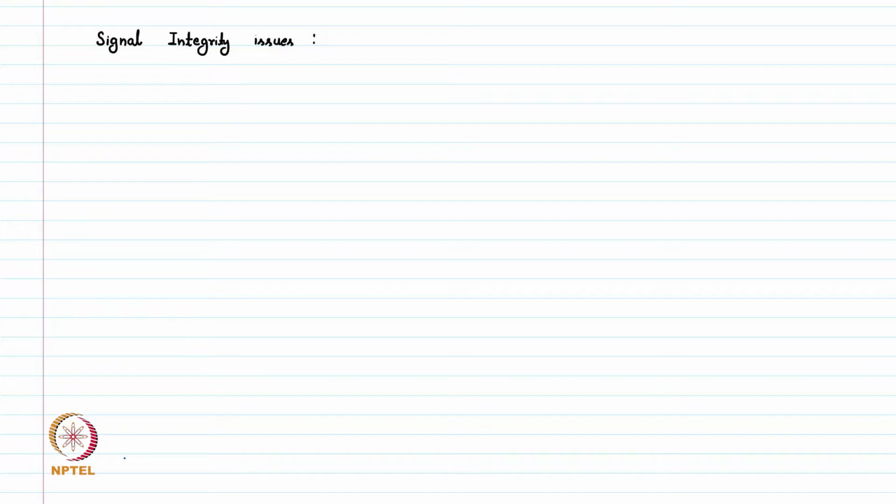This high rise and fall time, or the faster rise and fall times, are the most important cause of signal integrity issues.